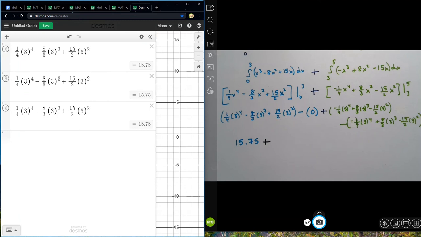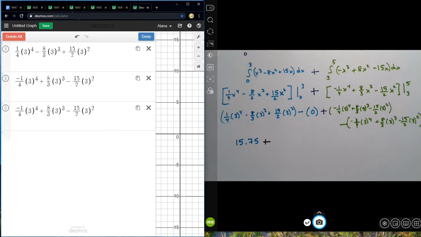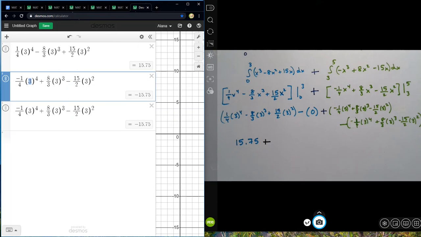It's nice. All right, so these will be negative, positive, negative. Oh, heck, I should have duplicated that one. All right, so let me do this again. Let me duplicate that. Done. All right, so this will have 5 in it. And if you're thinking, hey, that other one already has everything we need, the answer is yes, it does. So this is 15.75. This is negative 15.75.